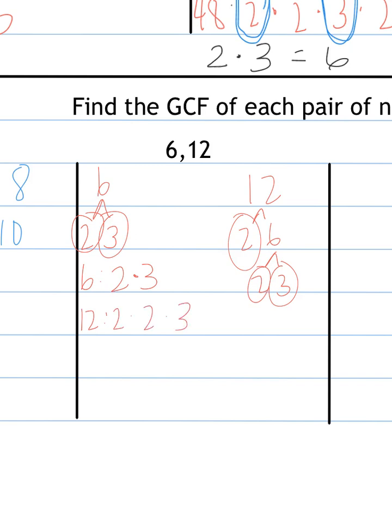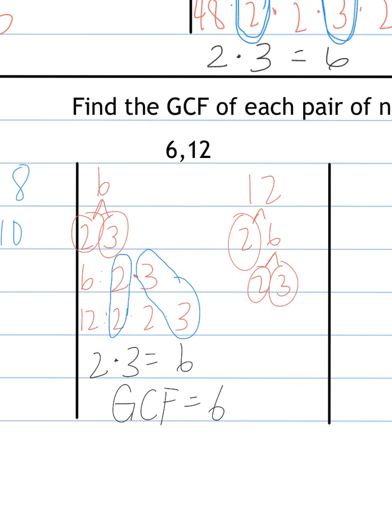Look for those pairs in both of them. There's a 2 here in both of them, and a 3 here in both of them. So we would take one of those 2's, multiply it by one of the 3's to get 6. So our greatest common factor equals 6.